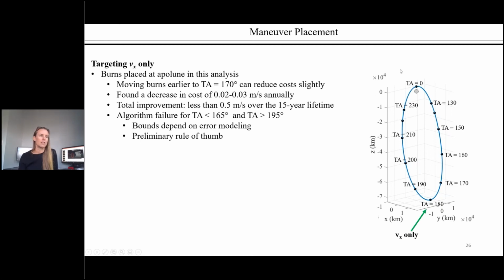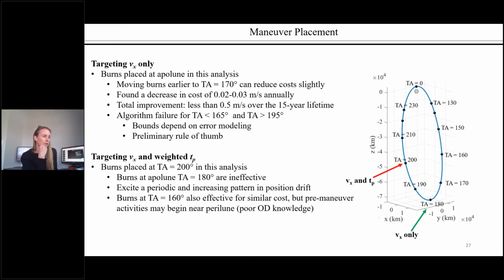That's because as you get closer to perilune, your orbit gets very sensitive, and errors in maneuver execution and navigation can cause your trajectory to diverge. So this is more of a preliminary rule of thumb, and the bounds will depend on what errors you're assuming on your spacecraft.